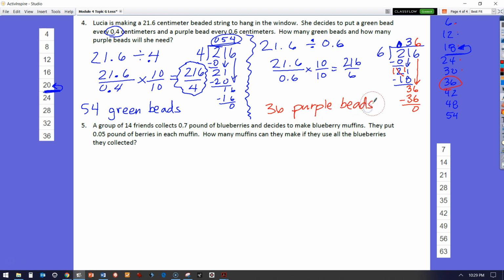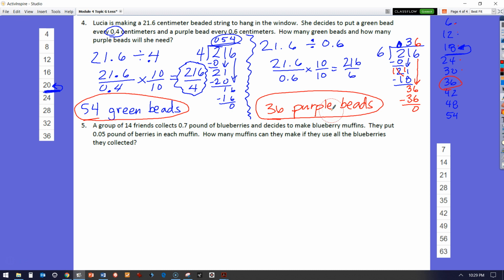However, because you have some multiples, like for example, when we come to the 24th spot where the 4 and 6 meet, there will be both a purple and a green bead there. So this really is a little confusing, but this is the answer they were looking for. She would need 54 green beads and 36 purple beads.